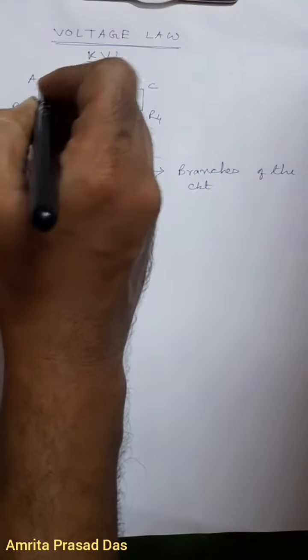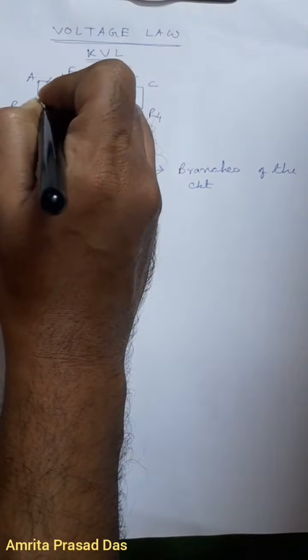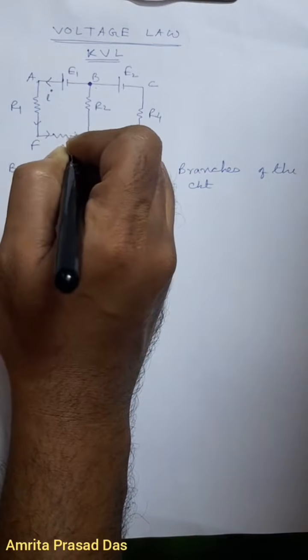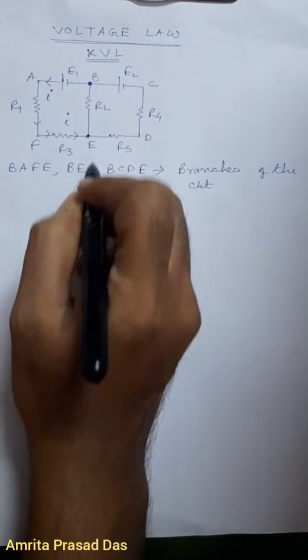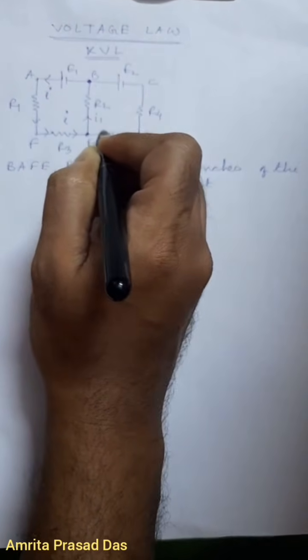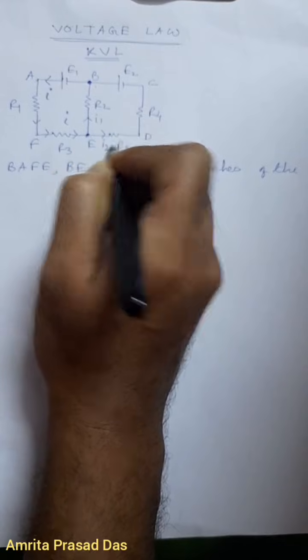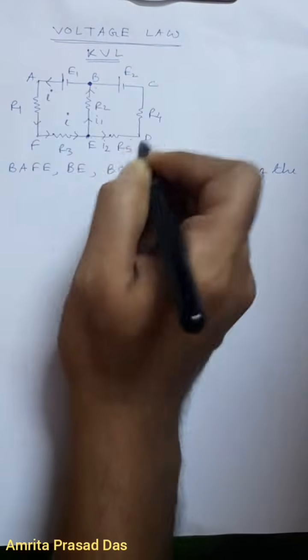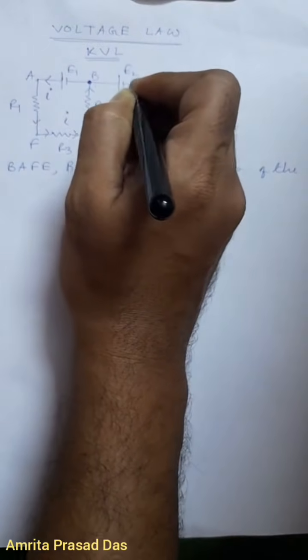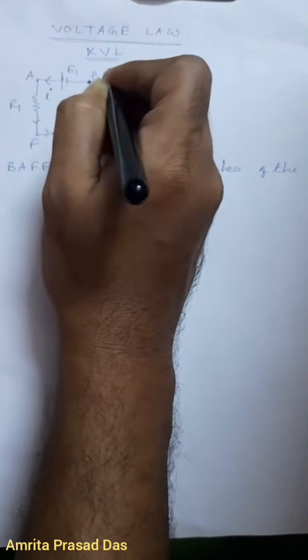Now suppose there is a current I. Let us consider the current is divided in two parts, I1 and I2. I2 is flowing in this branch.